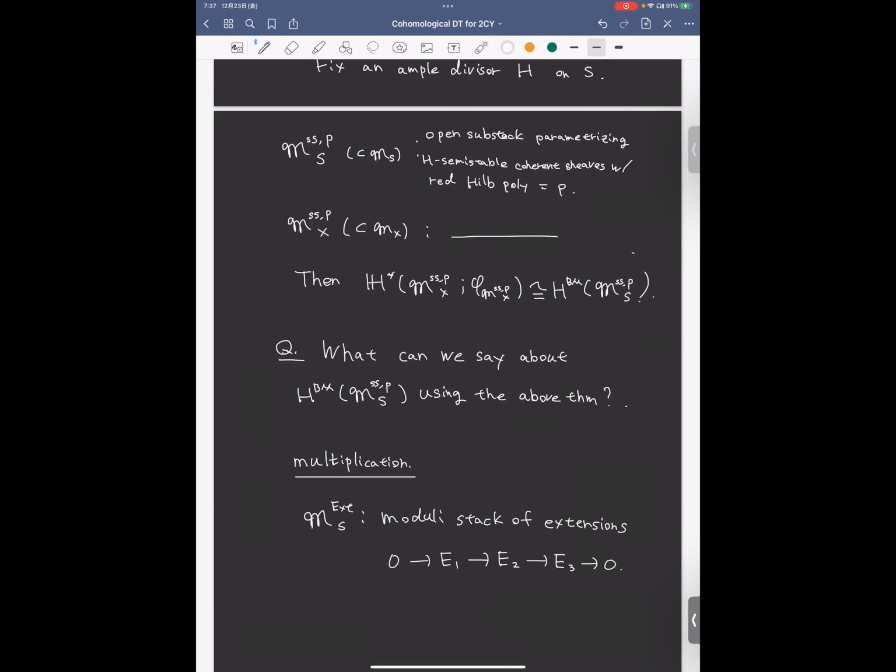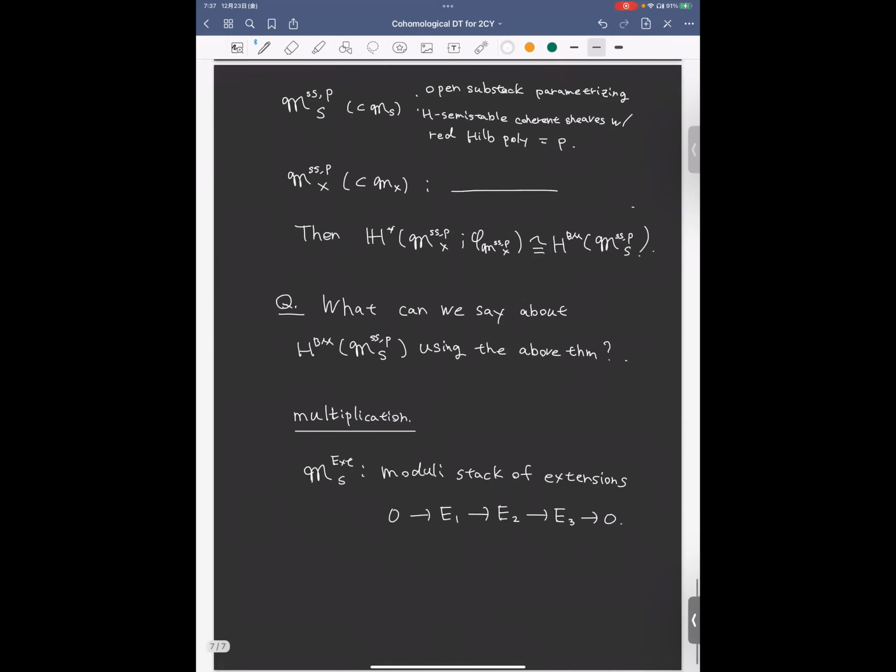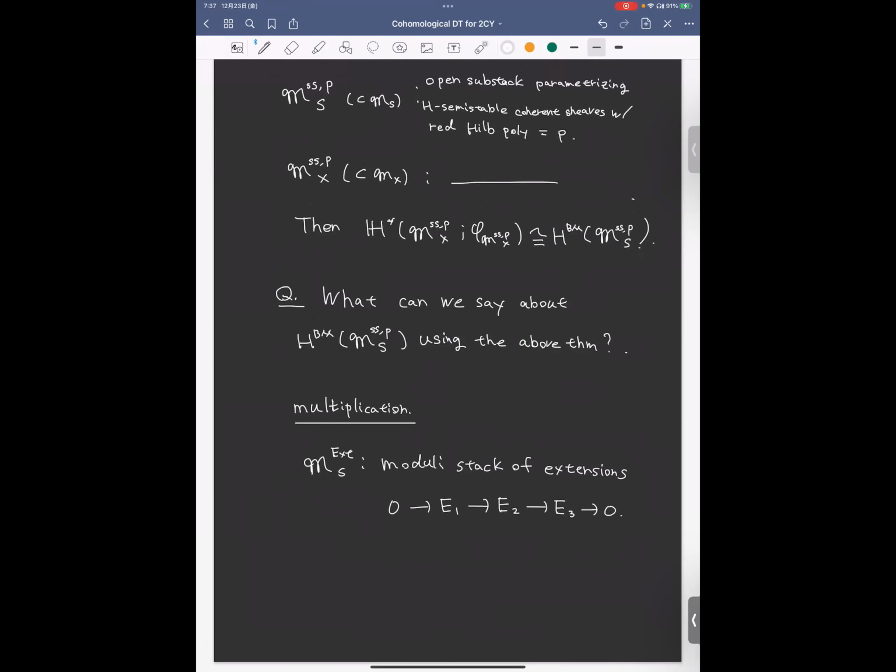Yes, this moduli stack parameterizes short exact sequences like this. And now we consider the following diagram.